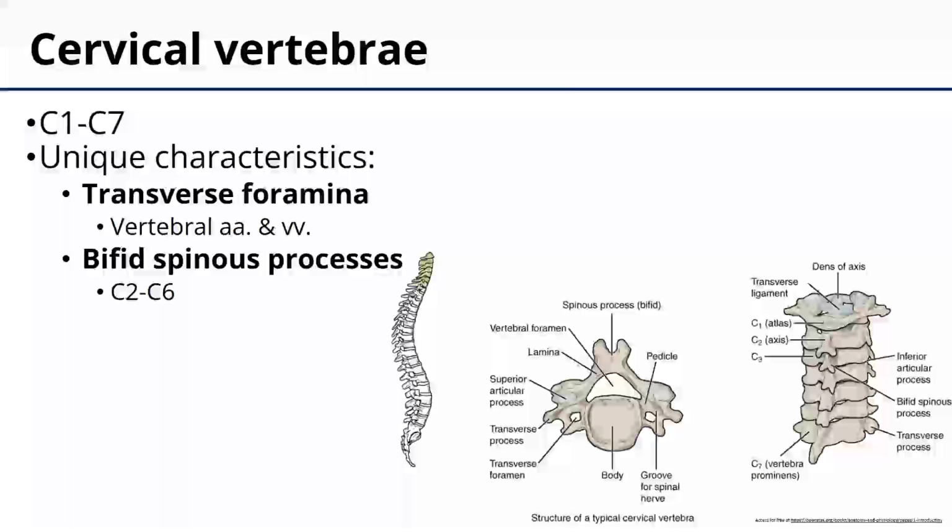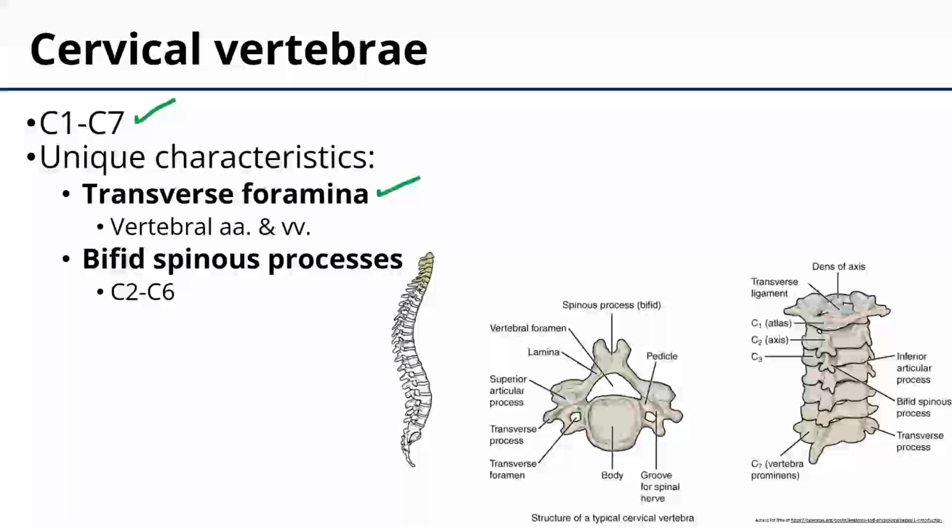More significant to the osteological structure of the neck is the C-spine, cervical vertebrae C1 through C7. There are several unique characteristics of these vertebrae that we will discuss. The first being transverse foramina.